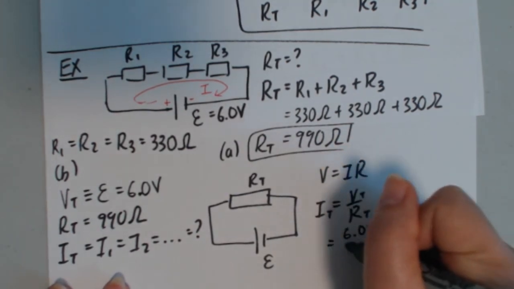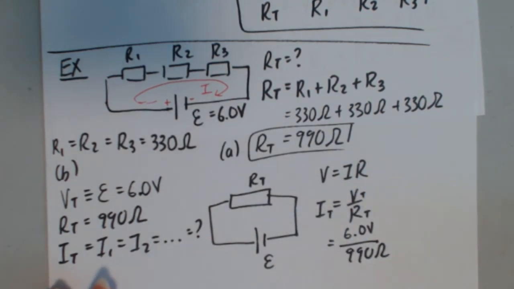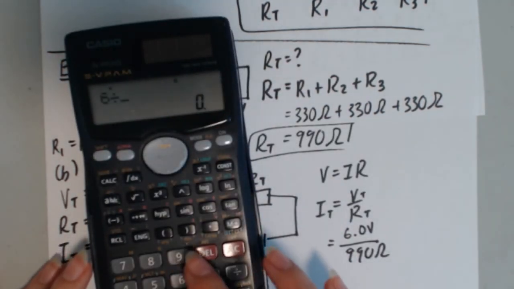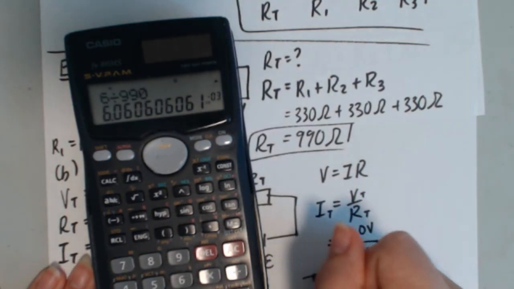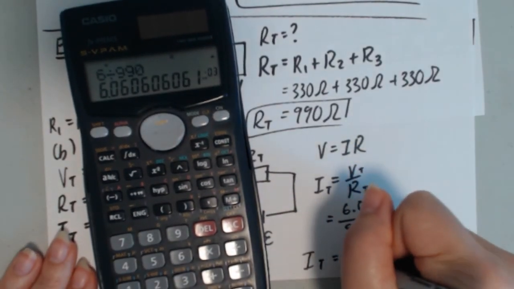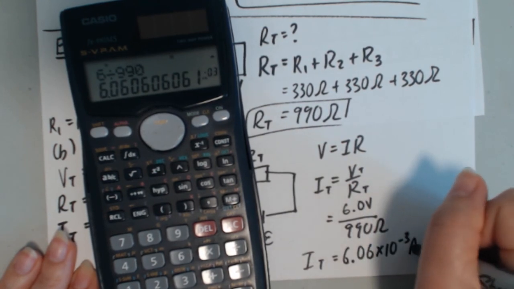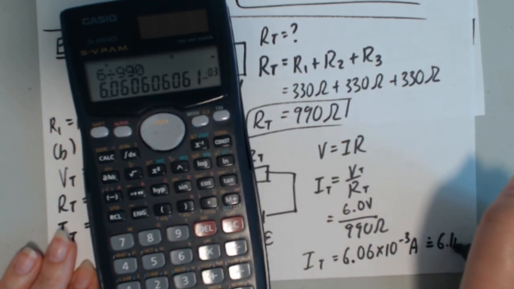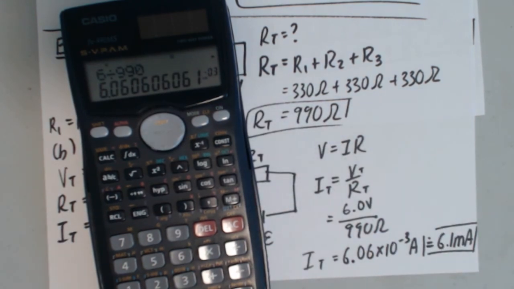That's 6 volts divided by 990 ohms. Both are SI units, so I can go ahead and just plug it in my calculator. So that's I total is equal to 6.06 times 10 to the minus 3 amps, also known as 6.1 milliamperes.